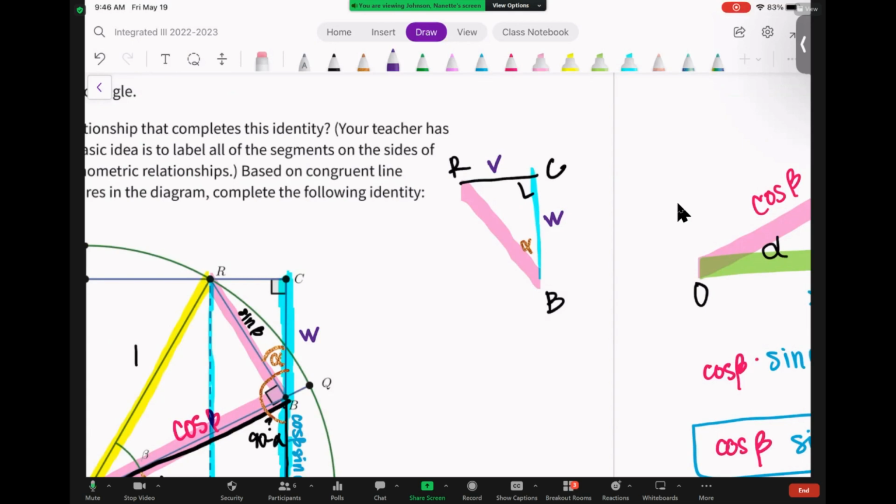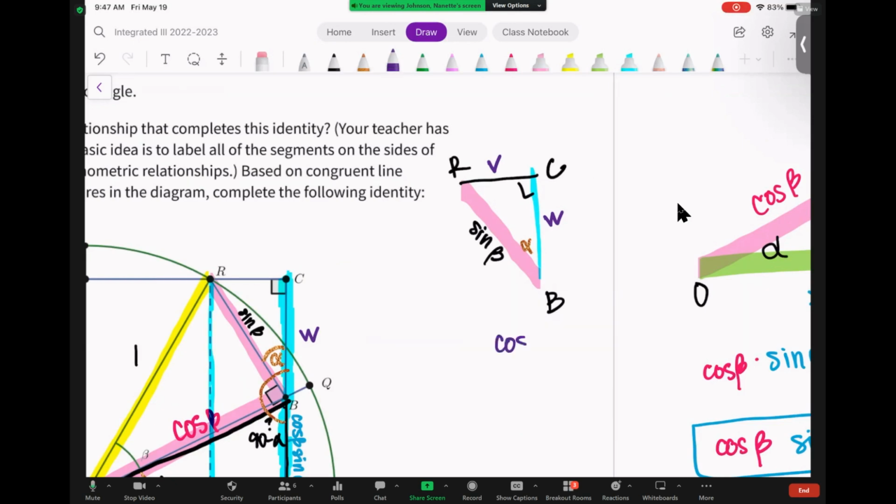One thing I forgot to label was this is sine of beta. Yeah, very good. So now we're going to write, let's see, cosine.